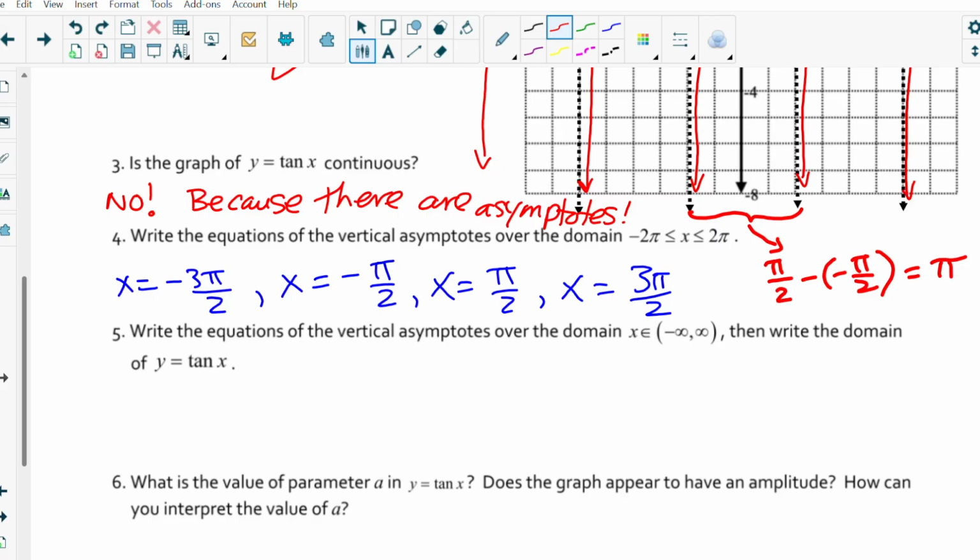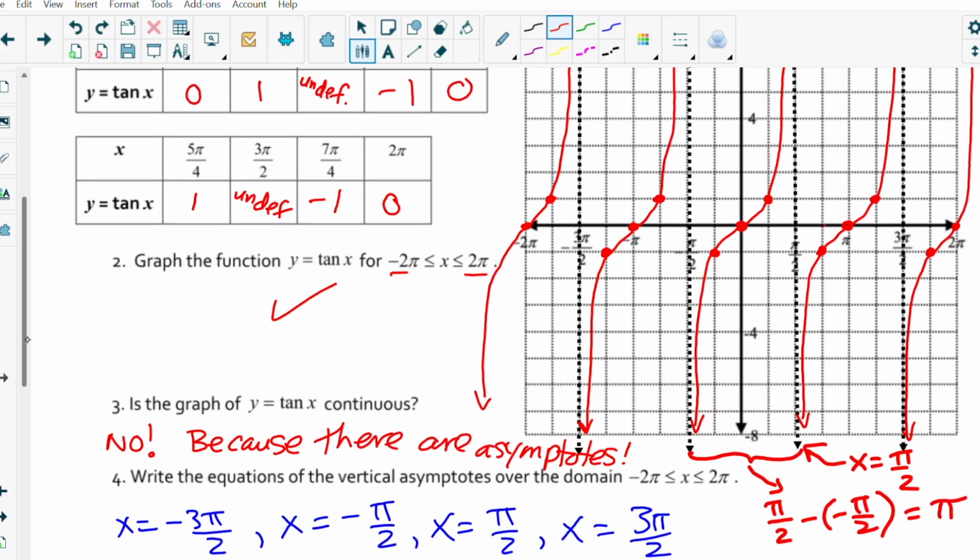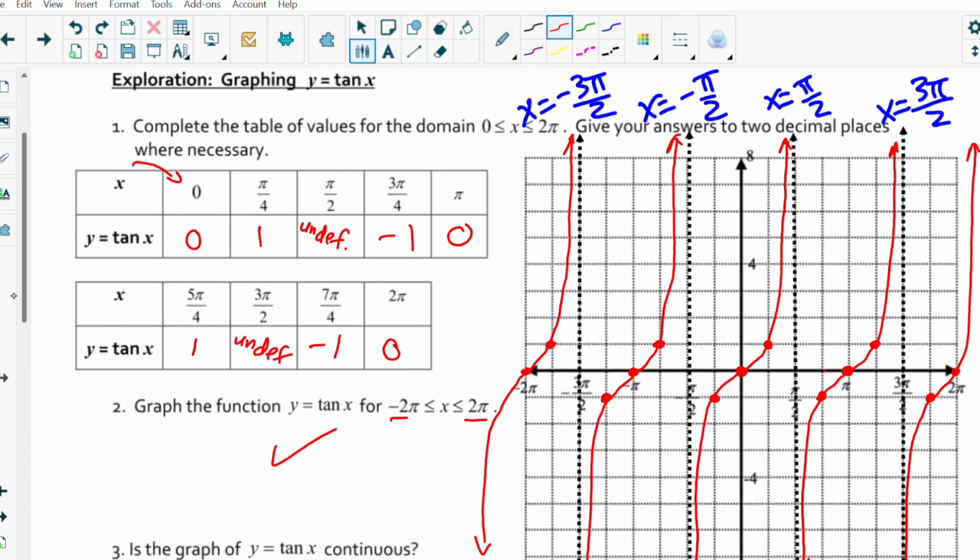Write the equation of the vertical asymptote. What's a general statement that I can write? If I start with x equals pi over 2, I know that's this asymptote right here.